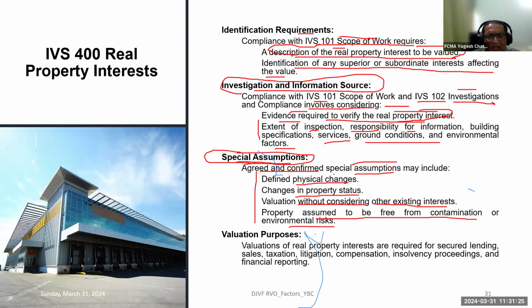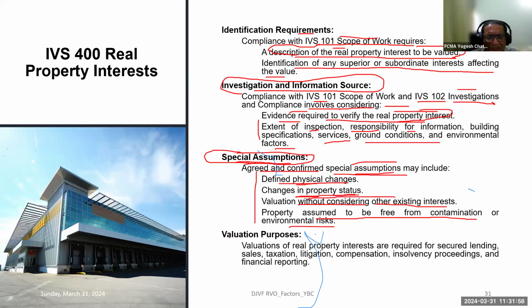So agreed and confirmed special assumptions will include defined physical changes, changes in property status, and valuation without considering other existing interests. Suppose a building is a leasehold building, but as part of the appointment terms it is agreed that it will be treated without considering the existing interest.